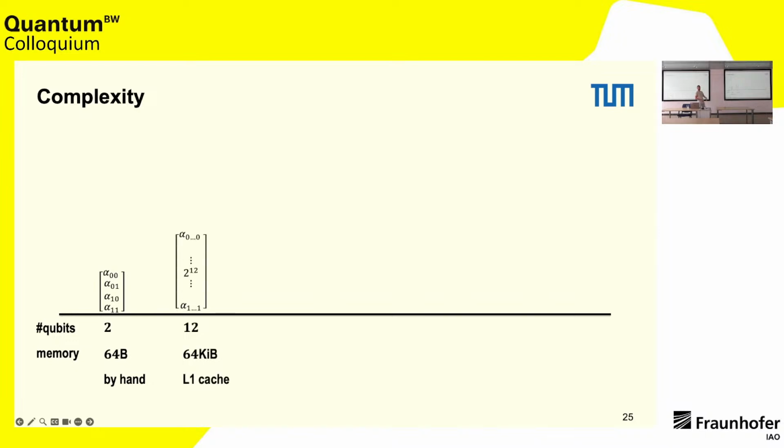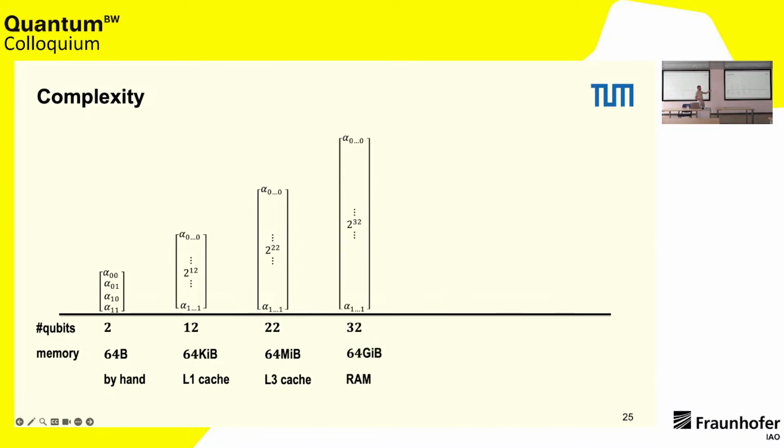For 12 qubits, still fits in the most efficient cache of your CPU, all good. Even for 22 qubits, probably most bigger CPUs can still fit that in their cache, so not a big deal. For 32, you're already at the limits of that MacBook, for example. So I would probably struggle to construct that state vector if I would just represent it as an array.